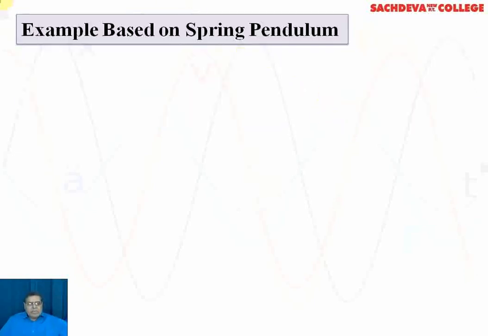Now, there are certain examples which are based on the simple spring pendulum, and they are all related to simple harmonic motion. The object which is suspended from a spring pendulum is supposed to be an oscillator. Any particle executing SHM is a harmonic oscillator, and it follows certain rules as we have discussed earlier. So what are the rules followed?